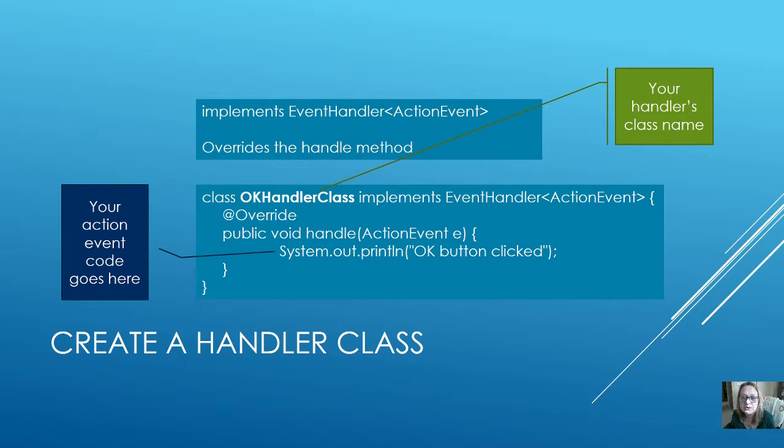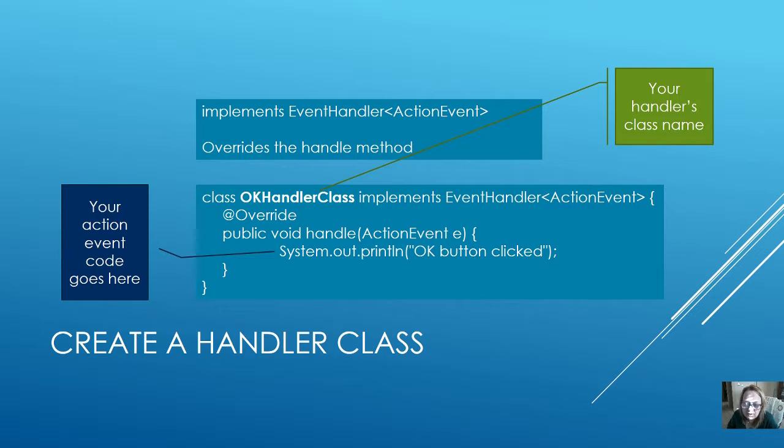Here's an example. We have a class named OKHandlerClass, and it implements EventHandler as required, and it uses the generic specification ActionEvent for what kind of event it's going to be handling. We issue the @Override statement to say we're going to override the handle method of this event handler, and we're expecting to be passed an ActionEvent, which we refer to as e.